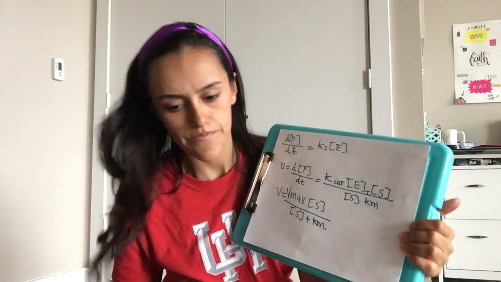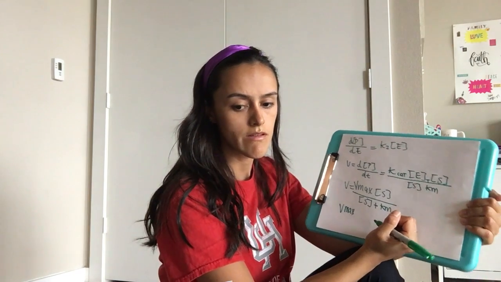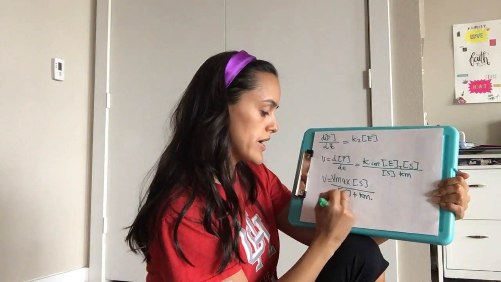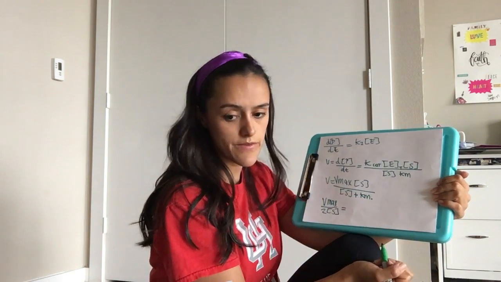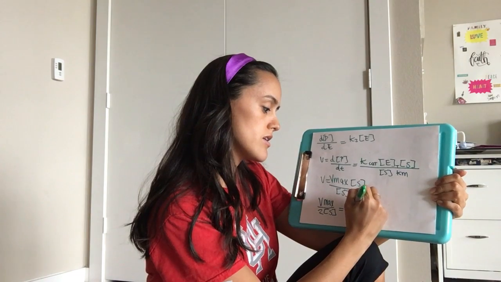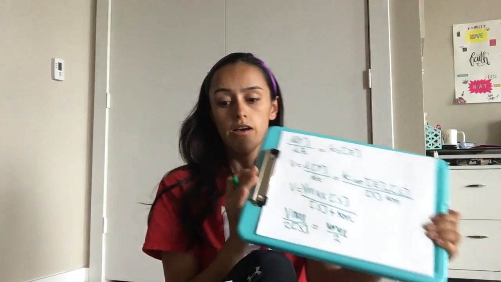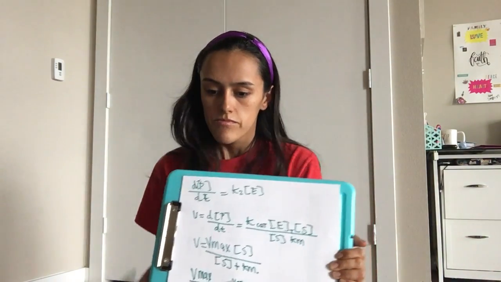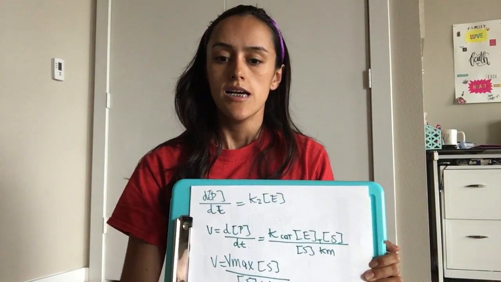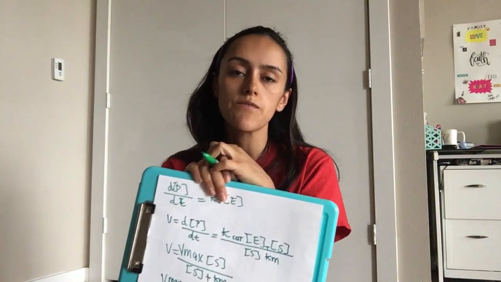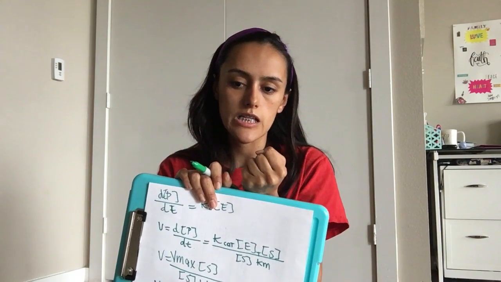Now, Vmax would be divided by 2 times S, which would give us half of the Vmax. We also know that Km gives us information about the affinity that the enzyme has to the substrate.